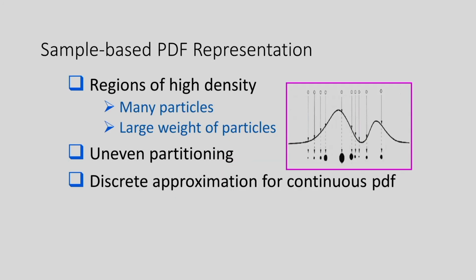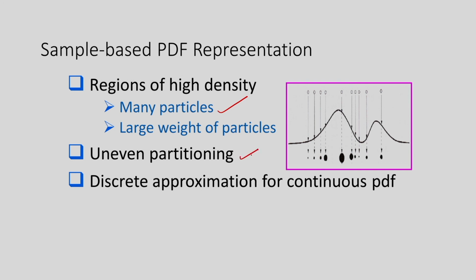Here you can see I am showing the concept of the particle filter, the sample based PDF representation. The PDF is represented by random particles. In regions of high density, we are considering many particles, and also a large weight of particles. Here you can see uneven partitioning.